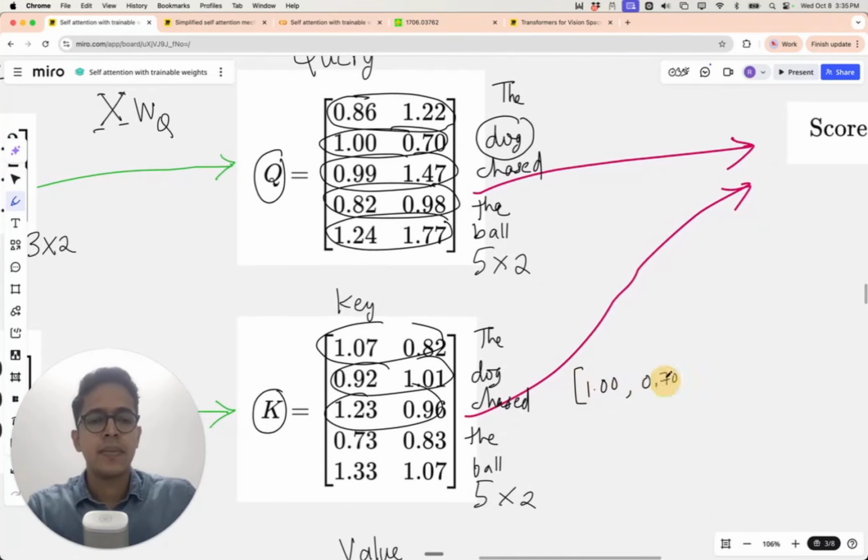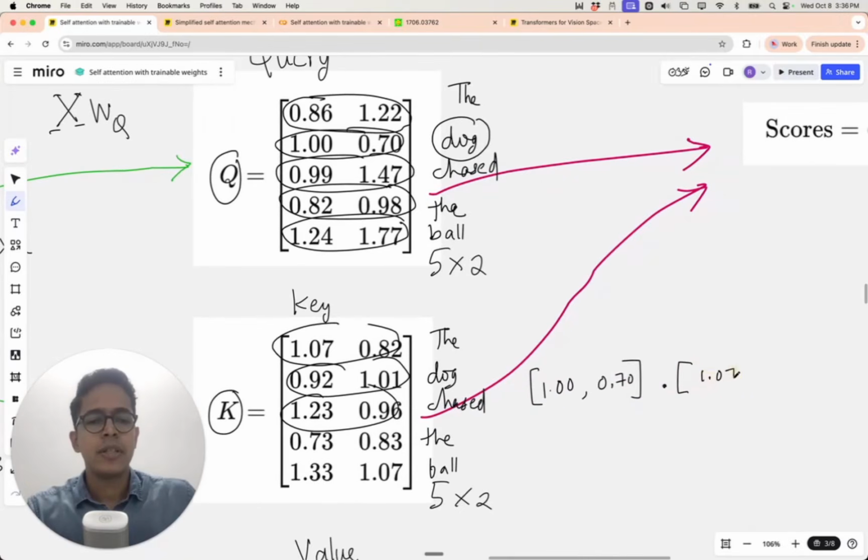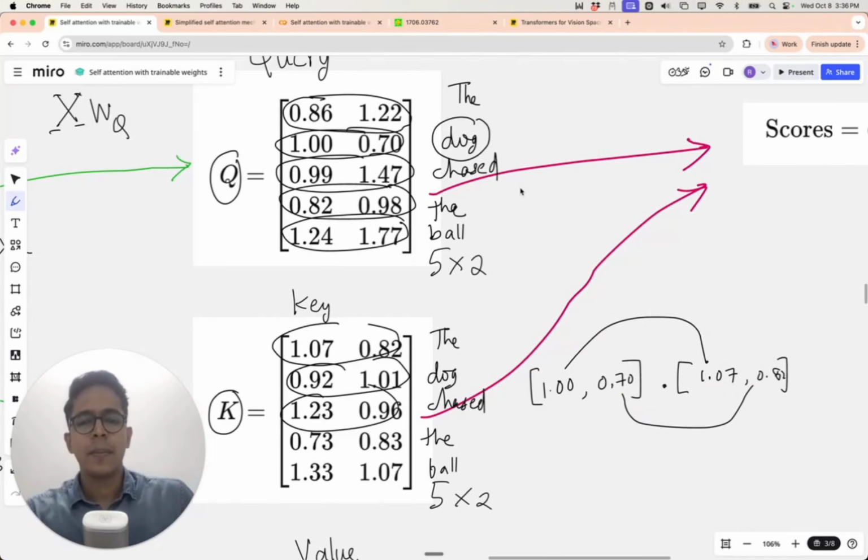This is the query vector corresponding to dog. We did a dot product between this and the key vector corresponding to the, which was 1.07, comma 0.82. When you do a dot product, this times this plus this times this, you get one single number, correct?